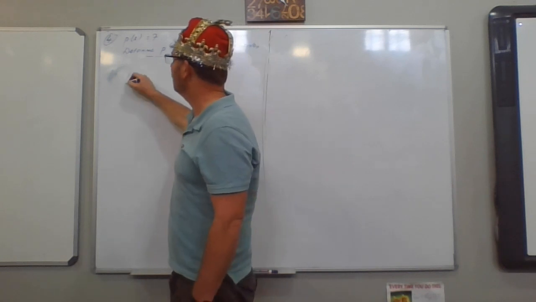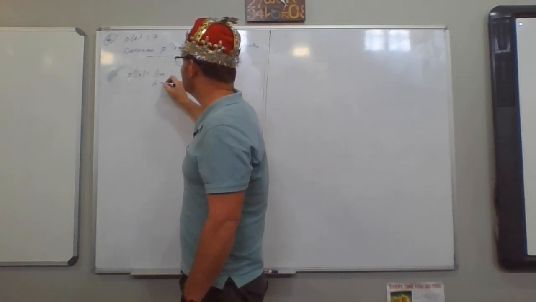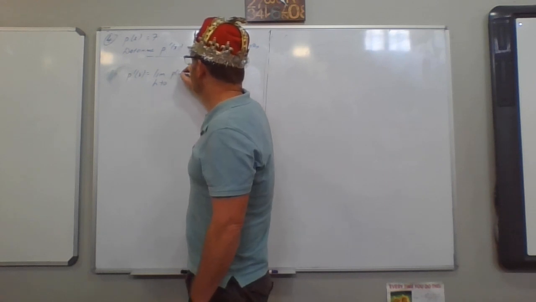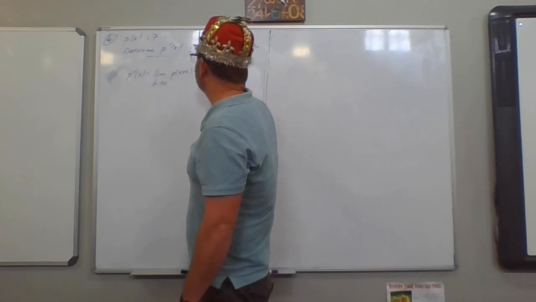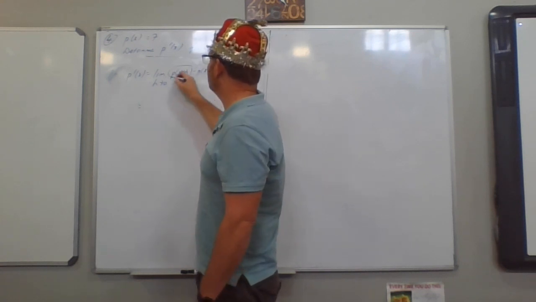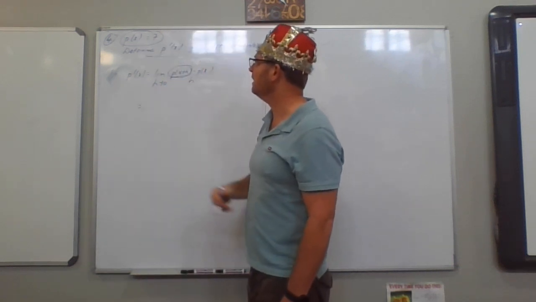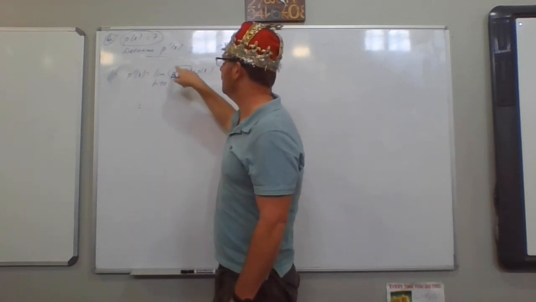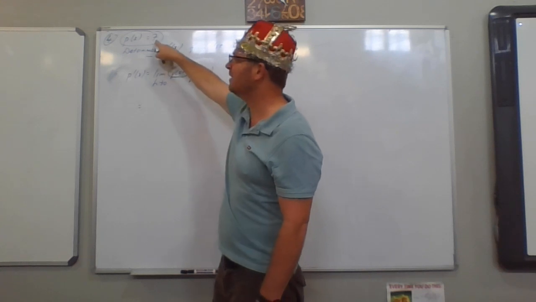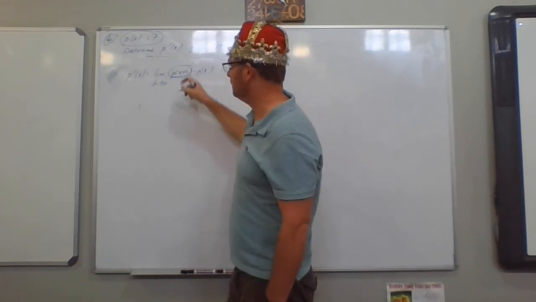Well, in this case, your formula is p dash of x is equal to the limit as h tends to 0 of p of x plus h minus p of x all over h. Now, what does p of x plus h mean? It means go to that equation over there, and where you see an x, replace it with x plus h, but there's no x here. So p of x plus h is equal to 7.